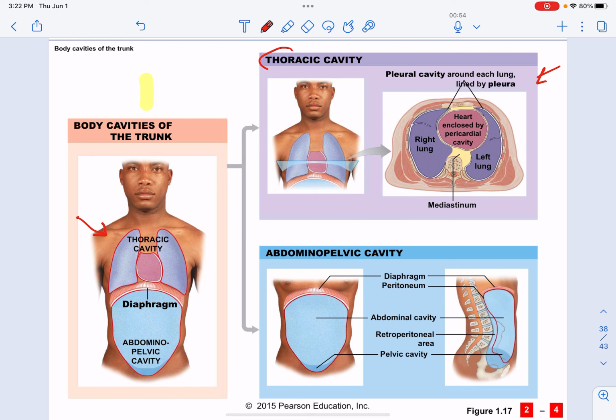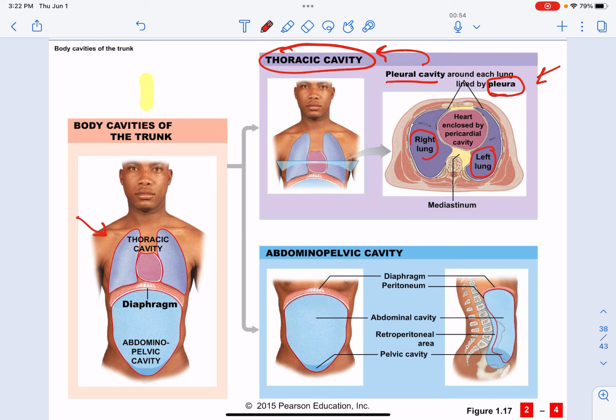Within the thoracic cavity, there is the pleural cavity. And within the pleural cavity lie the right lung and the left lung. So again, the lungs sit in the pleural cavity, which also sits in the thoracic cavity. And I'm going to come back to this idea that they are surrounded by a membrane called a pleura.